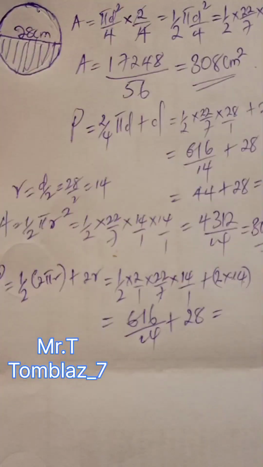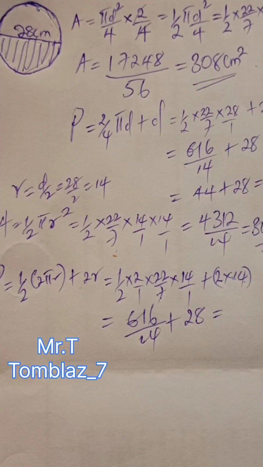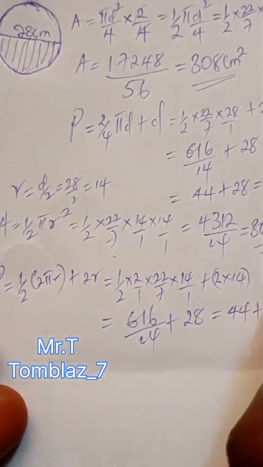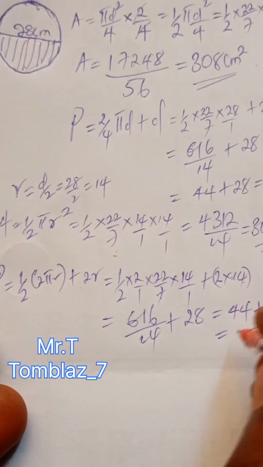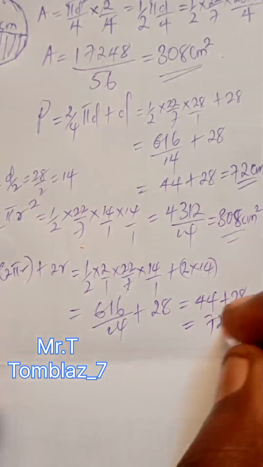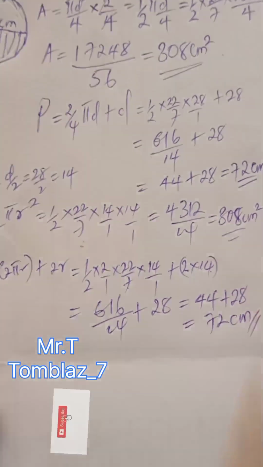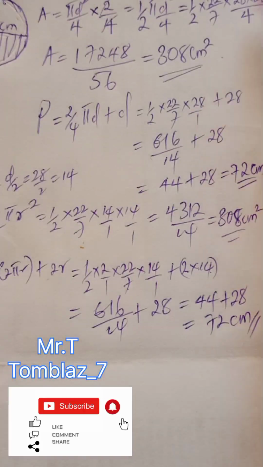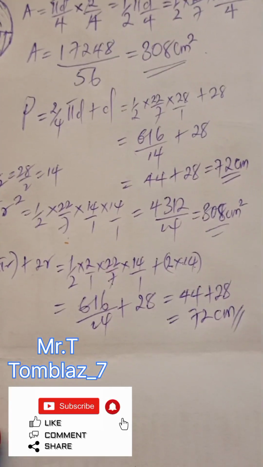Let's first divide: 616 divided by 14 gives 44, plus 28. That also gives us 72 centimeters. So if you use diameter, you have the same answer as when you use radius.